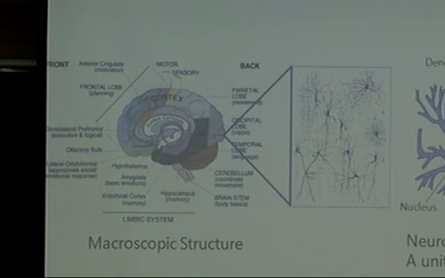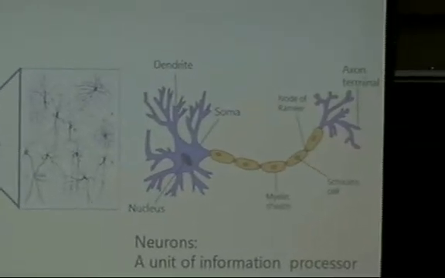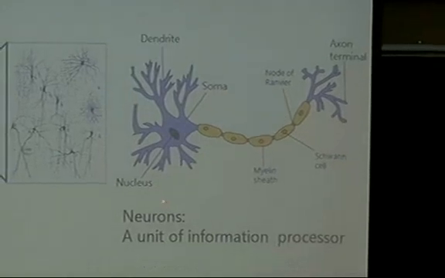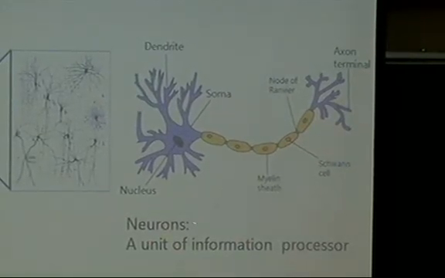If you look at one neuron, it looks like this. The single neuron is the unit of information processing in the brain, and how the information is processed is something like this. The external input comes through the dendrites of the neuron.